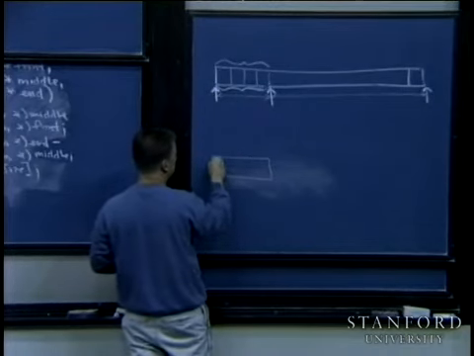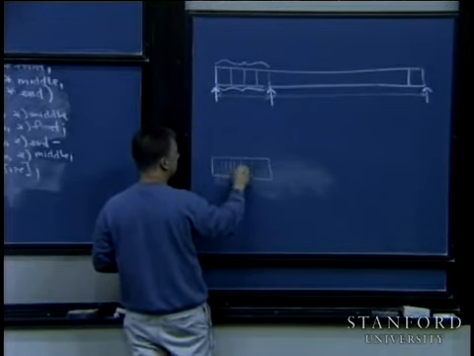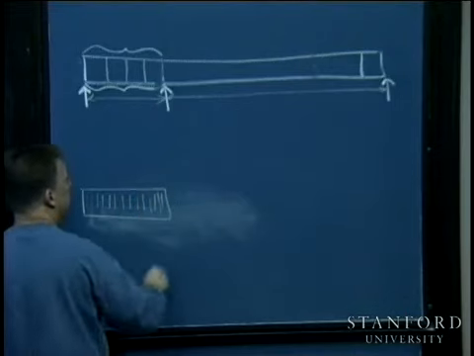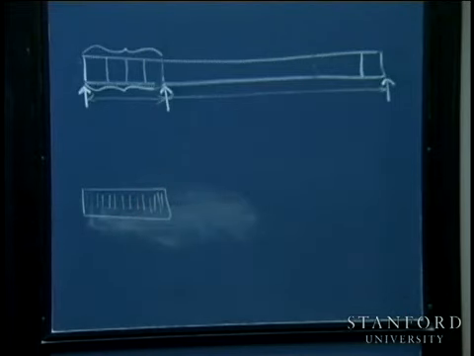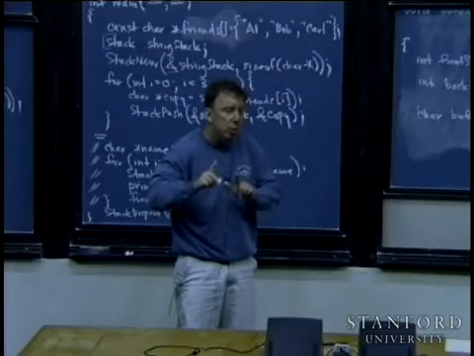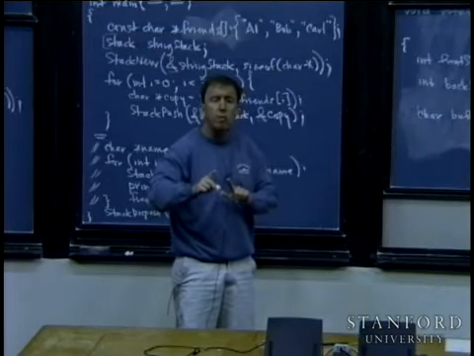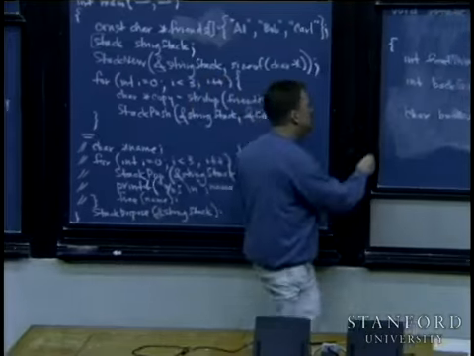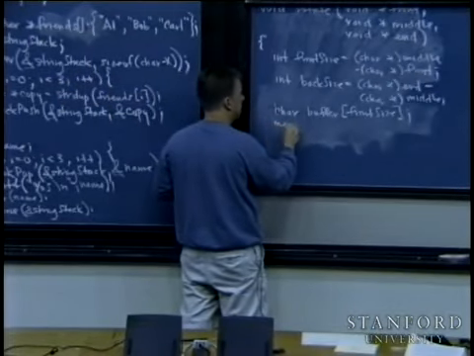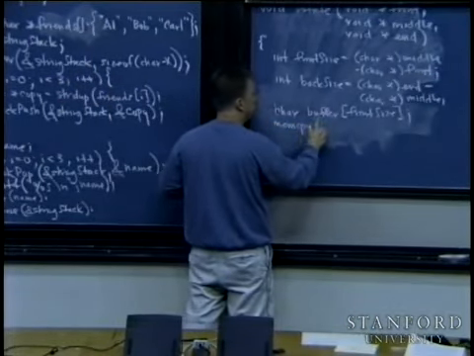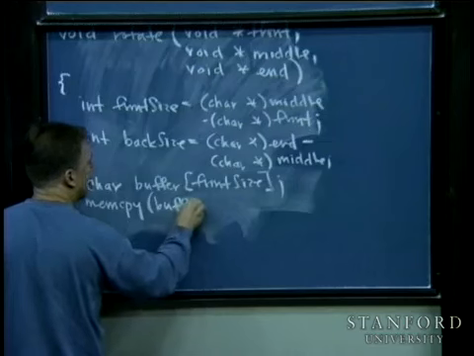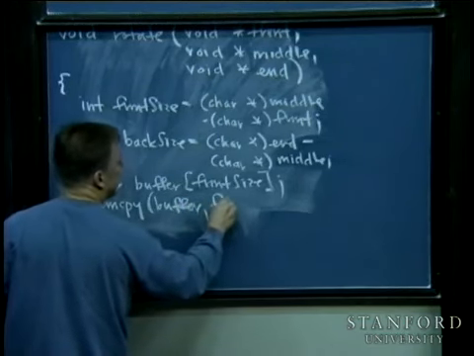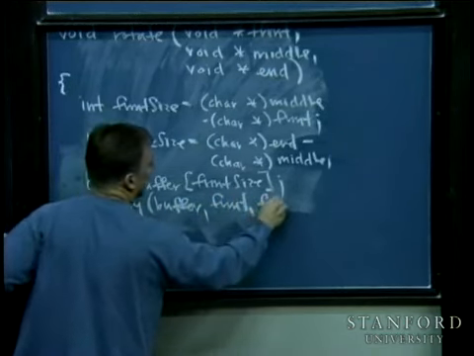Because I said those were ints, if I draw even close to scale, it will be of size 16 right there. And then I use memcpy. I actually prefer to use memcpy, and I want you to use memcpy if you know you have the option to. I want to memcpy into this buffer from front, size.